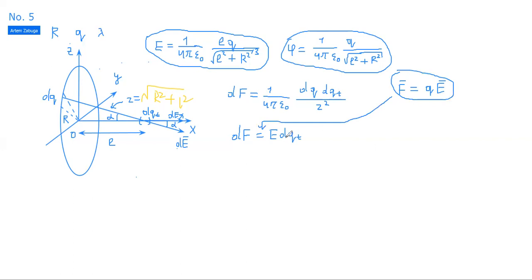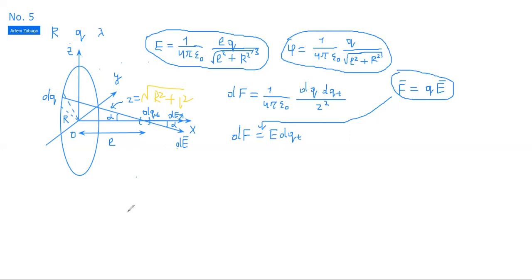Okay, so we have calculated electric field intensity, and it is necessary to define dq_t. It is necessary to define dq_t from linear charge density of the thread.